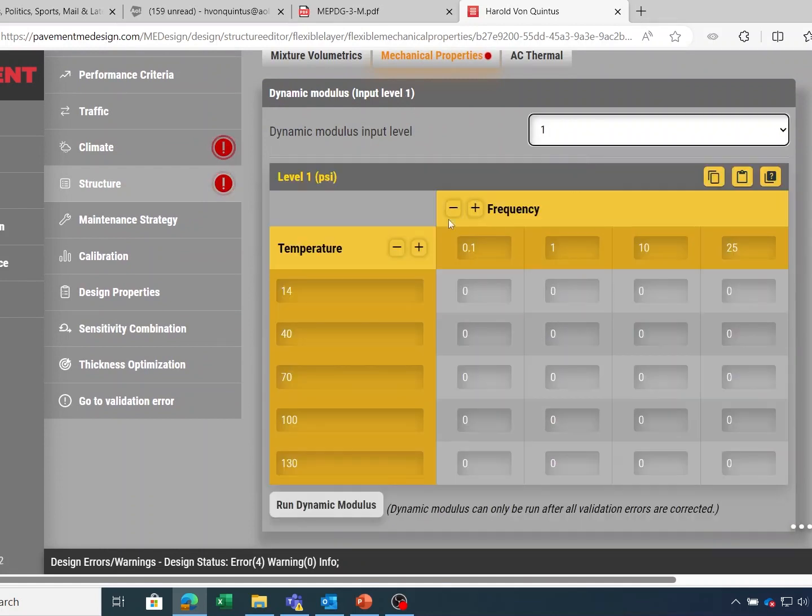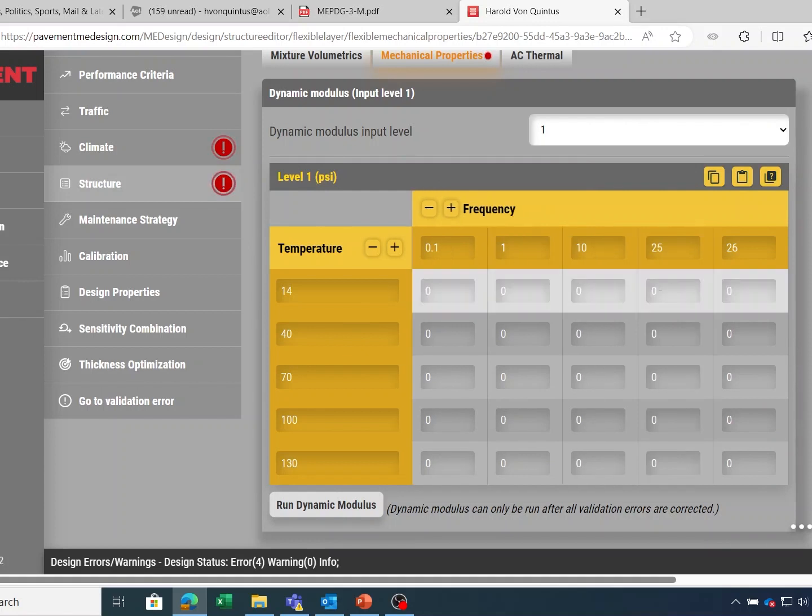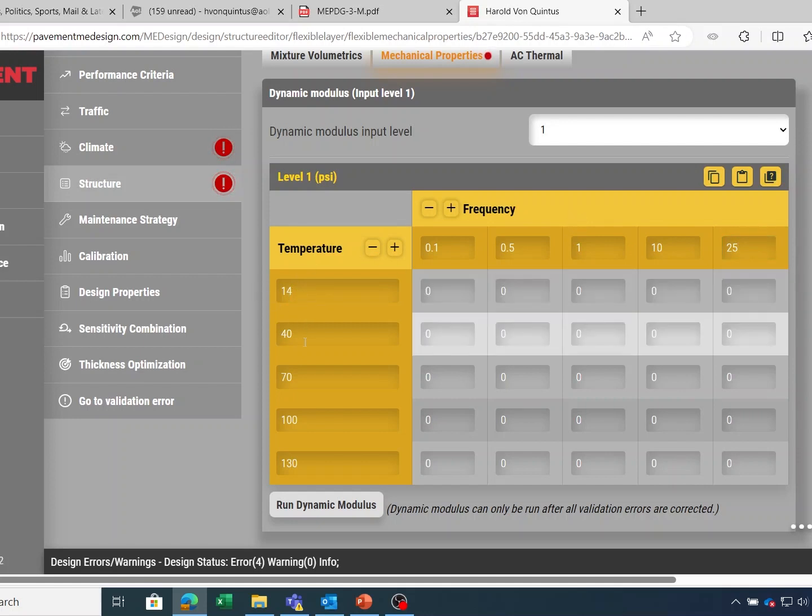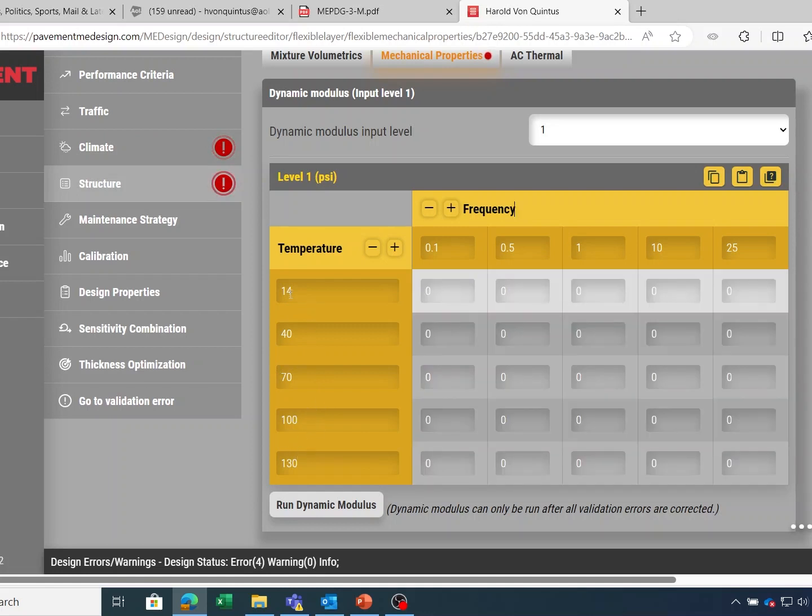Input level 1 is where dynamic modulus is measured in the laboratory at typically 5 frequencies, 0.1, 0.5 hertz is common, and then 1 hertz, 10 hertz, and 25 hertz are the common frequencies, and temperatures of 14, 40, 70, 100, 130 degrees Fahrenheit.